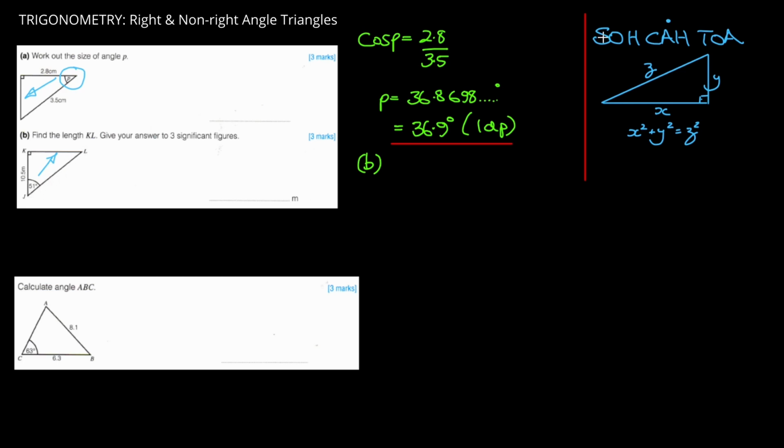So yet again, in our relationship of SOHCAHTOA, anything with an H in can be disregarded, and this time we're going to need TOA, and let's call this side X. Okay, so tan 51 degrees is equal to the opposite X over 10.5. Therefore, without doing anything in the calculator, just rearrange and get X on its own. X is equal to 10.5 multiplied by the tan of 51 degrees.